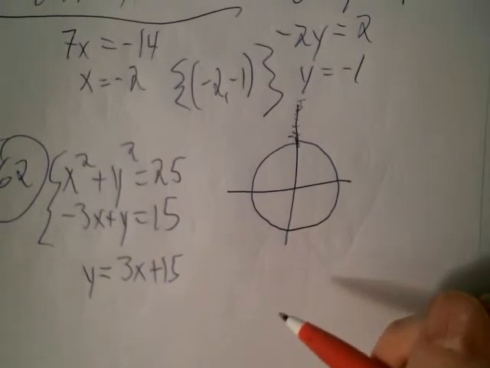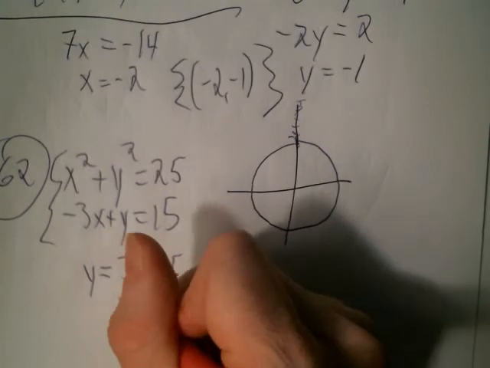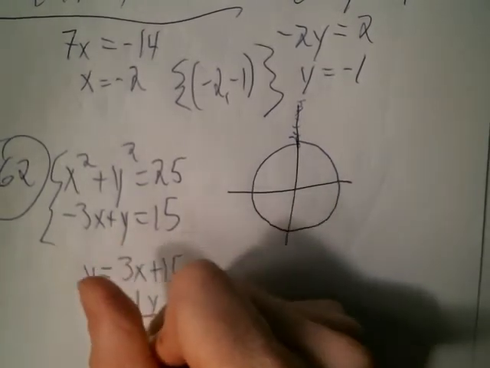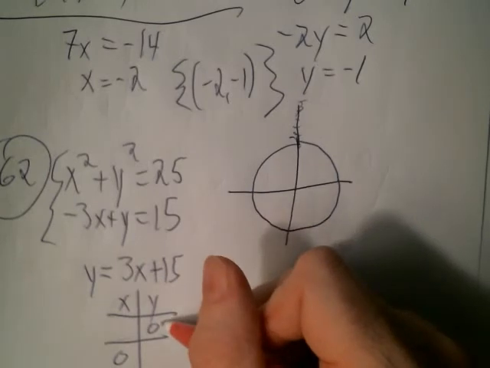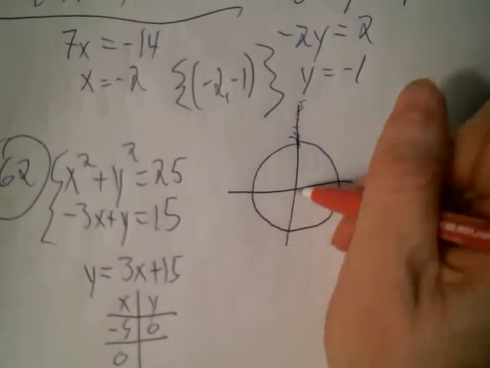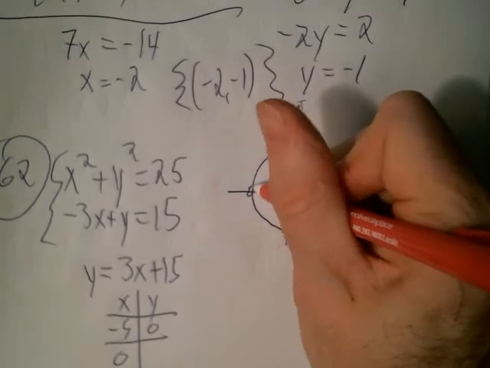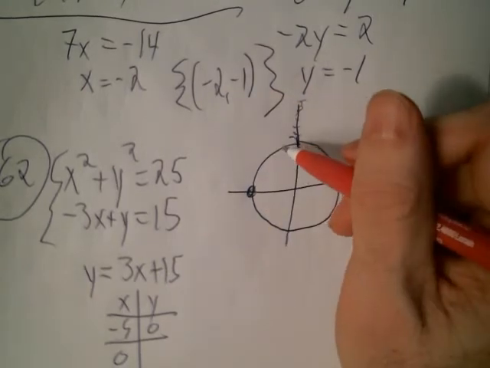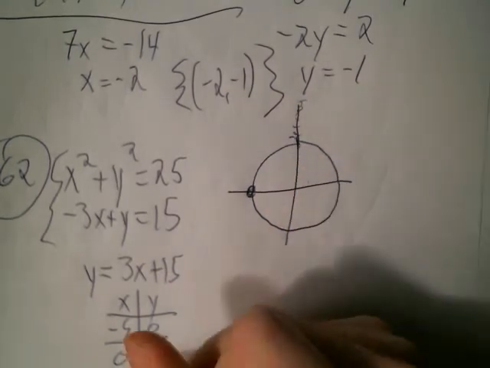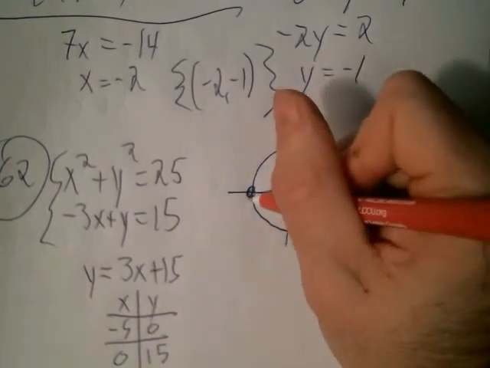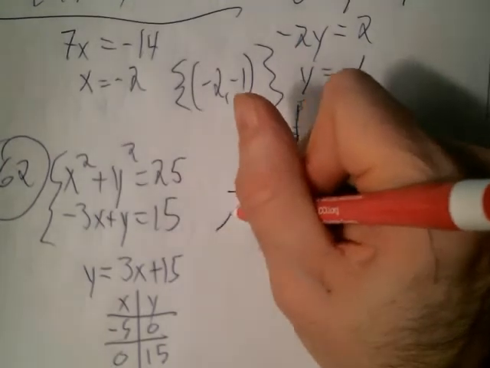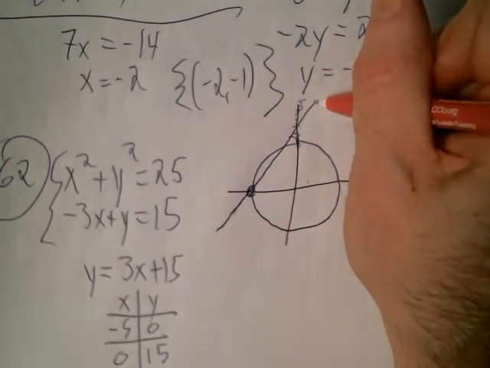Let's get some points for this. When y is 0, x is negative 5, so we have a point right there on the circle. And when x is 0, y is 15. So negative 5, 0, and then 0, 15. I'm thinking maybe something like this.